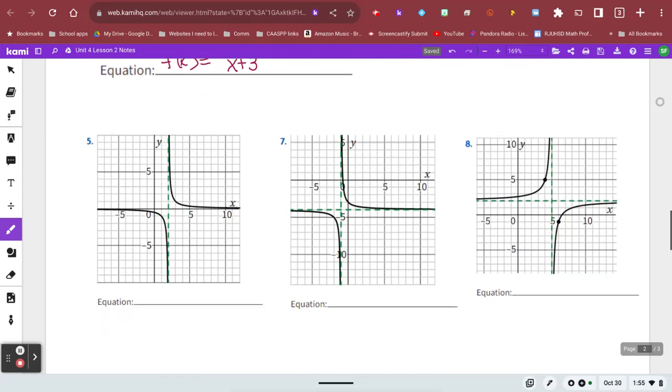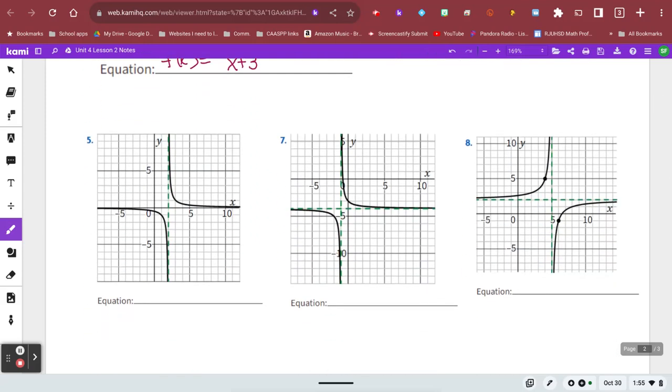All right. So here we can see the asymptote moved to the right 2. Okay, so if it moves right or left, it's going to be with the x.